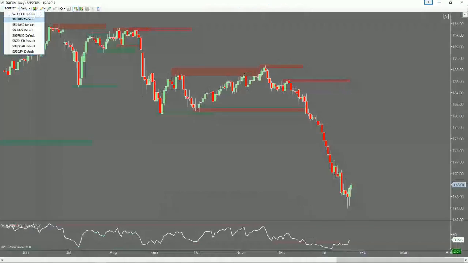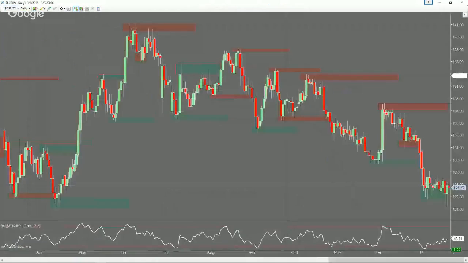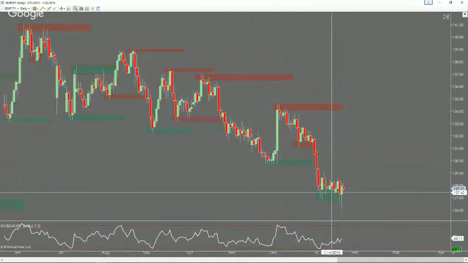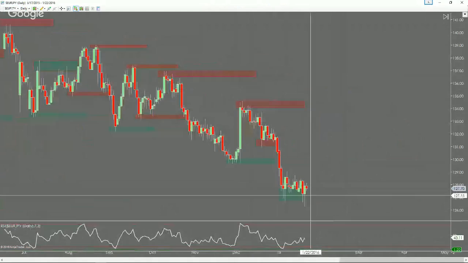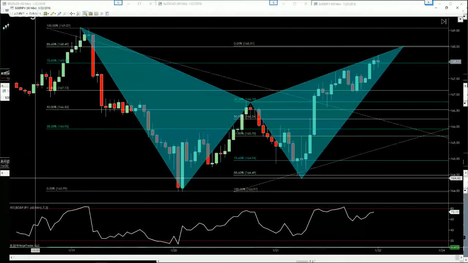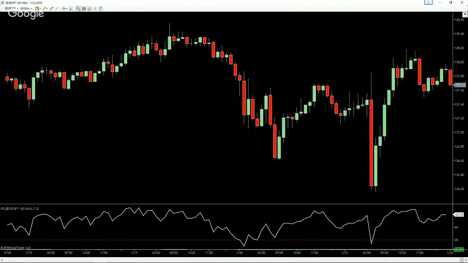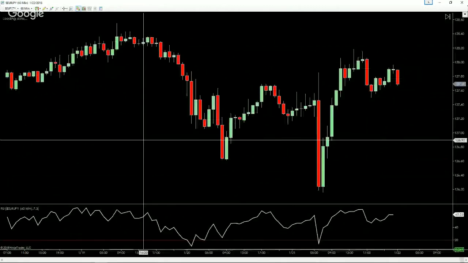Then let's go to Euro yen. Euro yen, we're still on that support, new structured support level. Let's do Euro yen. And let's look at the 240.